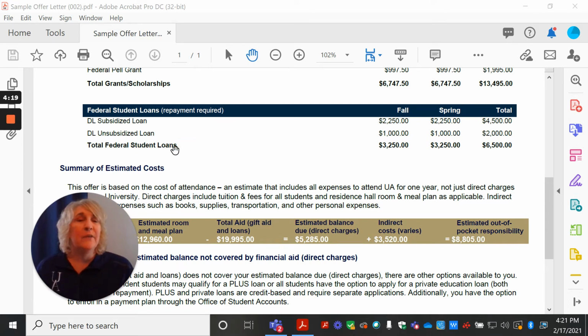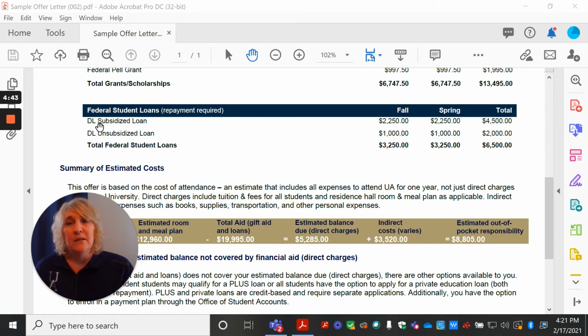No payments are required the entire time you're in school. And then when you graduate, you have what's called a grace period. It's 6 more months of no payments required before you enter into repayment. And that 6-month grace period is meant to help you find a job and start preparing yourself financially for those monthly payments. There's 2 types of student loans you might see on your award offer.